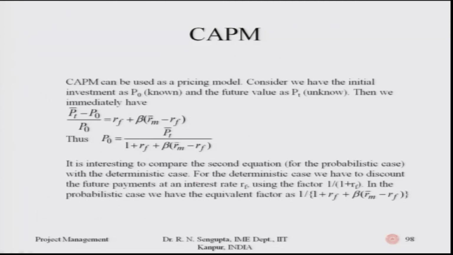So, the CAPM can be used as a pricing model for trying to find out whether you are making the right decision in the investment process. Consider you have the initial investment value as P0, which is known, and obviously the future value PT is unknown to you, so you have to find it out.